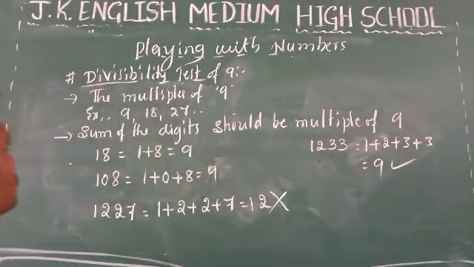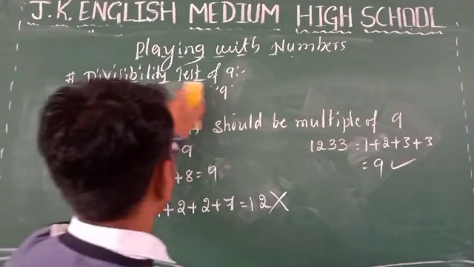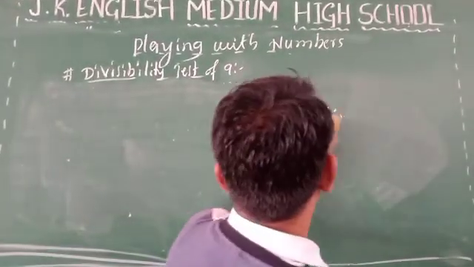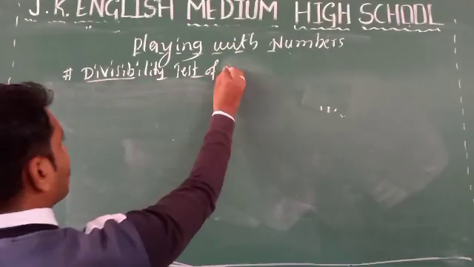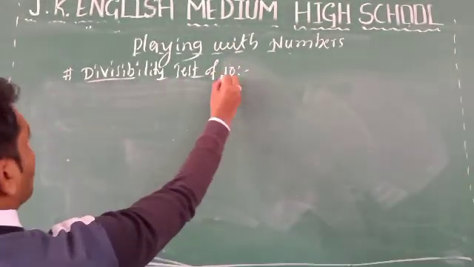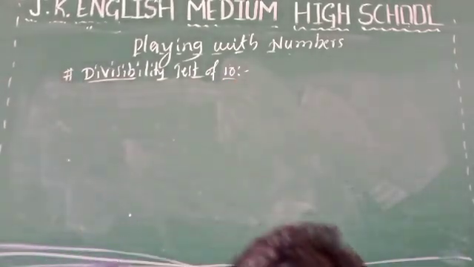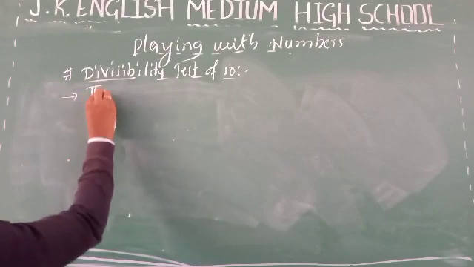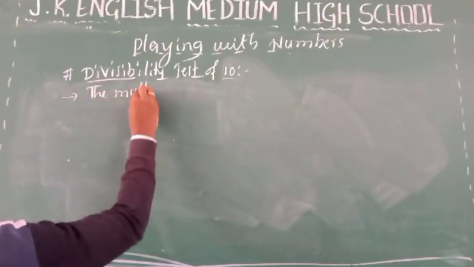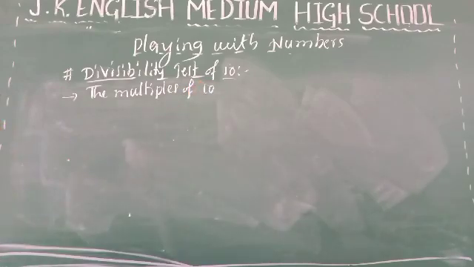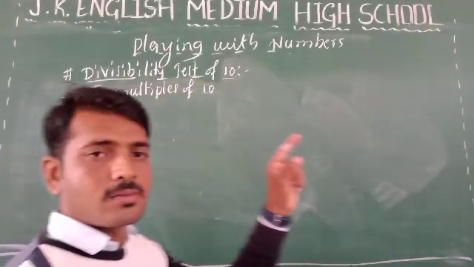Okay. Shall we go for the divisibility test of 10? Next one is the divisibility test of 10. Now tell me, what is the first rule? The first rule is the multiples of 10. So multiples of 10 are always divisible by 10.